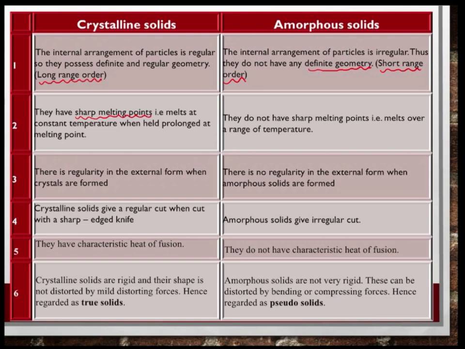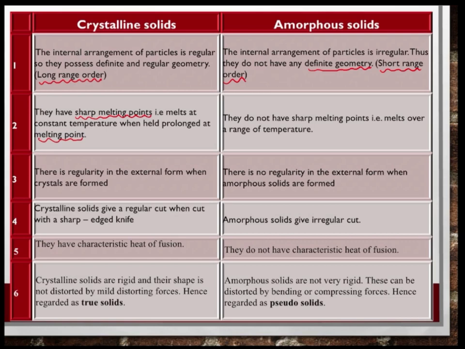That is, they melt at constant temperature when held prolonged at their melting points. For example, iron has a sharp melting point, 1600 degrees Celsius. Copper has a sharp melting point, zinc has a sharp melting point, and NaCl, sodium chloride, has a sharp melting point. It will have a single melting point.